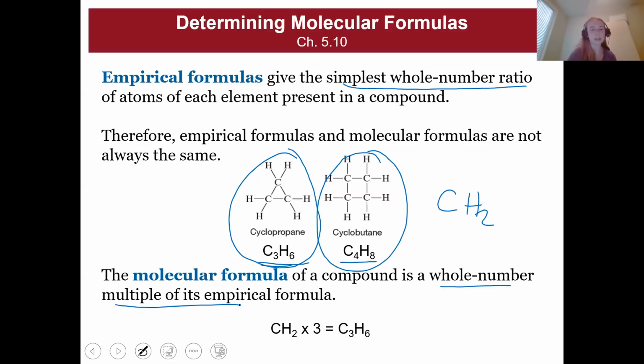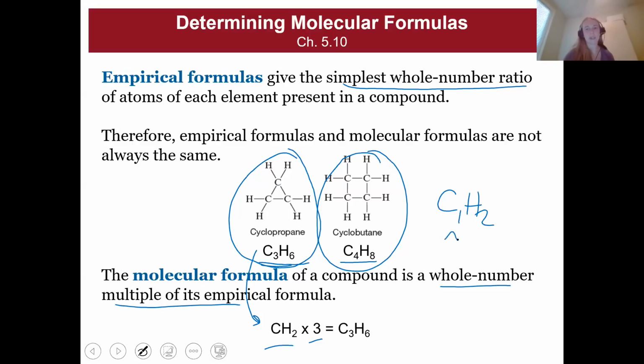So, like I said, cyclopropane has an empirical formula of CH2, and if we multiply, it's kind of weird. We're not really multiplying because these are atoms, but if we multiply the empirical formula by 3, that means we multiply each subscript in the empirical formula.